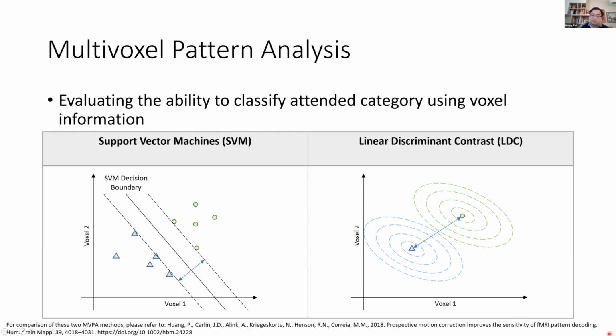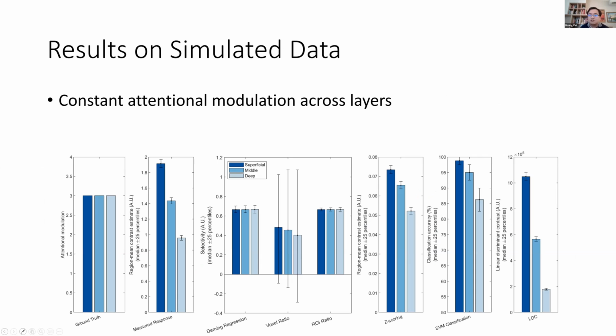So we first simulated the most basic case, which is constant attentional modulation across layers. On the far left, you can see that you have a very nice flat attentional profile that is fed into the model. And the measured response shows a clear increasing trend towards the superficial layers, showing that our model is generating data with the expected profile.